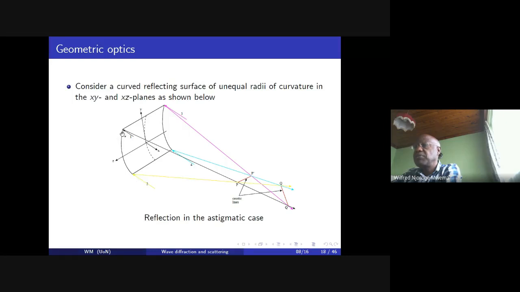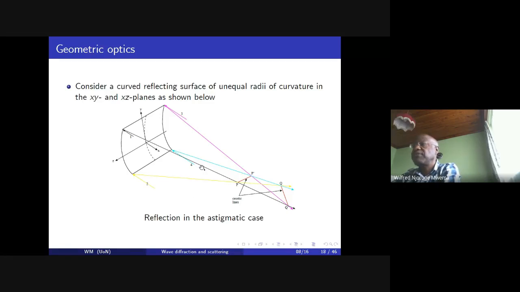This is what you are going to meet, especially when you are dealing with antennas or reflector antennas. I'm sure you have seen satellite dishes, or even the ones you see along buildings for communication with Safaricom or Telcom and so forth. So this is a reflecting surface that is curved both in the XY and the XZ direction.